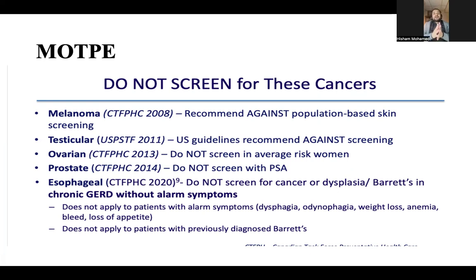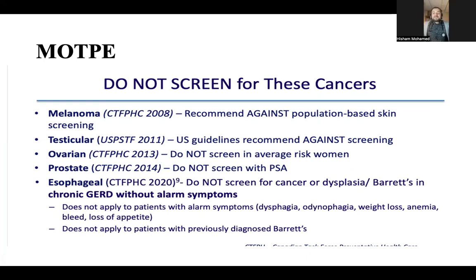So the Canadian guidelines for cancer don't go for screening in MOTPE: melanoma, ovarian, testicular, prostate, esophageal. So we can go for esophageal with some alarm signs.